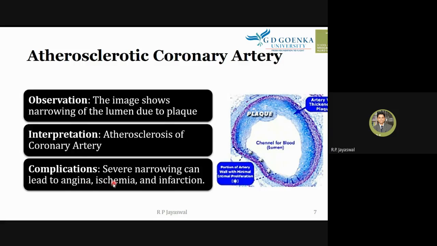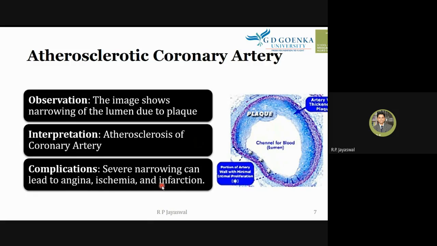It leads to ischemia, which is the lack of blood supply, and it leads to an infarction, which is caused by a thrombus that obstructs the blood flow to the tissues. So these kinds of complications may occur, and finally the patient has coronary artery disease, or what we call a heart attack.